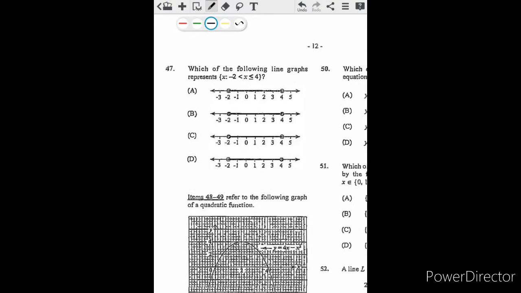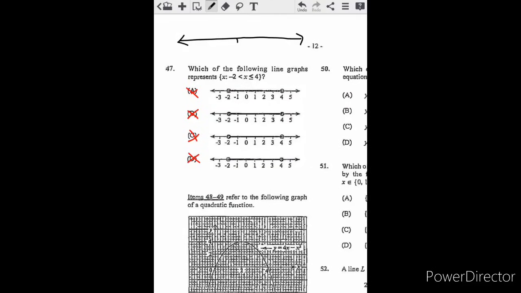Looking at our options, we can see they're all the same and none of them represents what we're being asked for, so all of them are actually incorrect. I think this might be an error on the Ministry's behalf or the printing. Anyways, I'll go through how you'll find the answer for this.